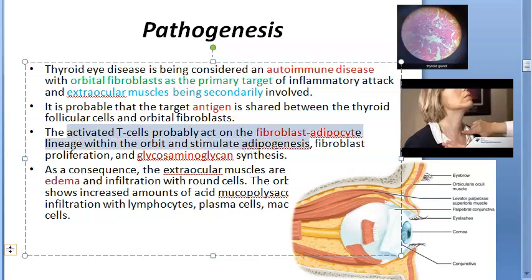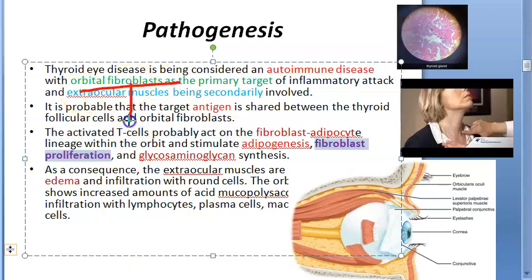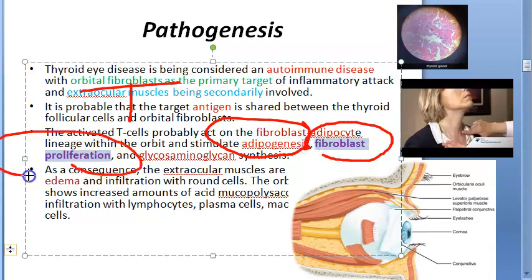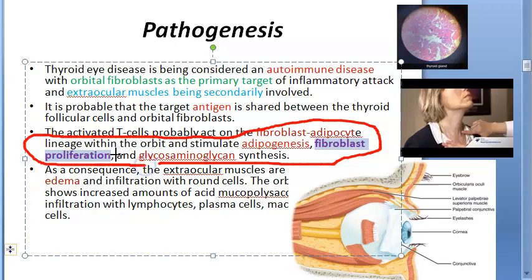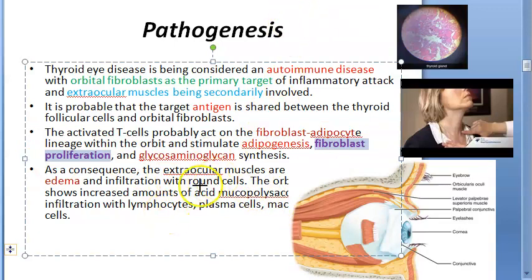Now there are some T cells which are activated, and because of this, what is happening? There is adipogenesis. Adipogenesis means fat. Then fibroblast proliferation, and glycosaminoglycan synthesis. So all these are increasing. There is stimulation of adipogenesis, fibroblast proliferation, glycosaminoglycan synthesis. As a consequence, what happens? Read here now.